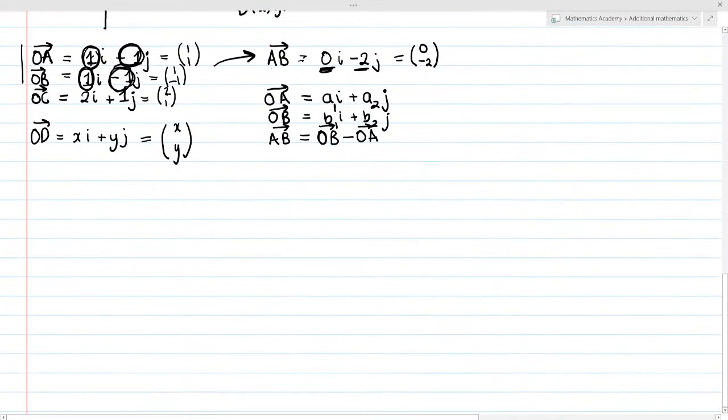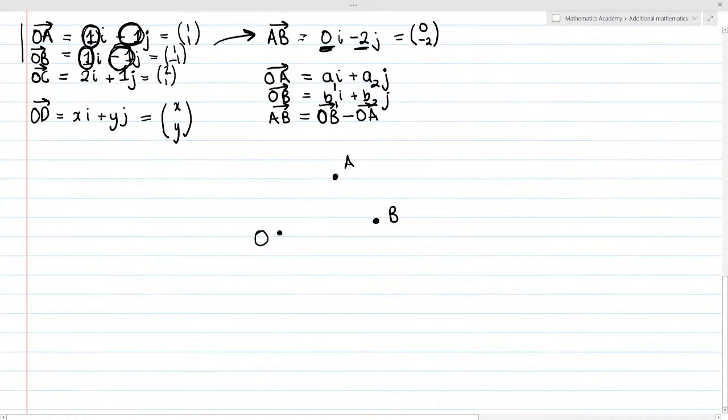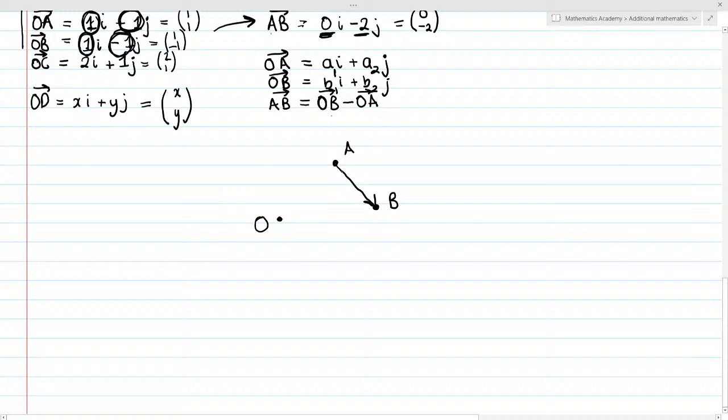Well, let's figure it out. So suppose I had 2 points here, A and B, and I had a reference point O. So how we can think about this is, well, what happens if we rearrange the equation we have above?